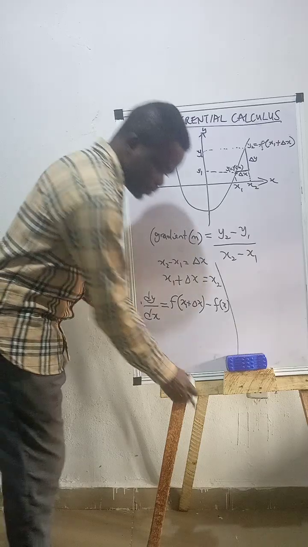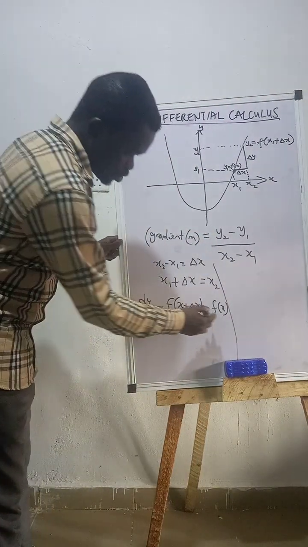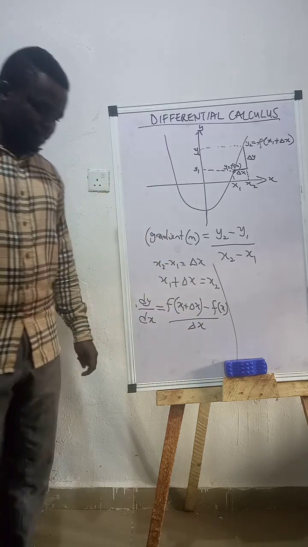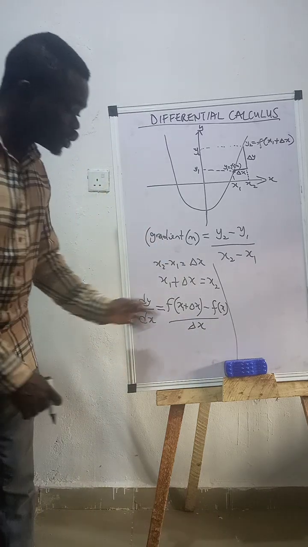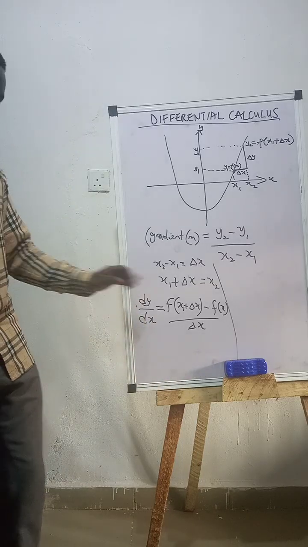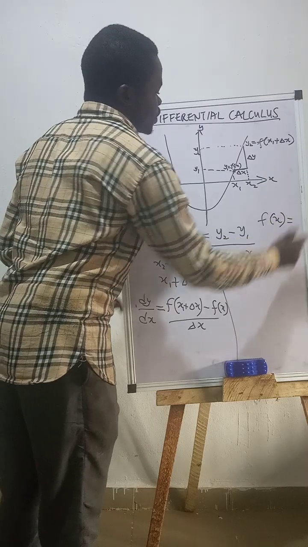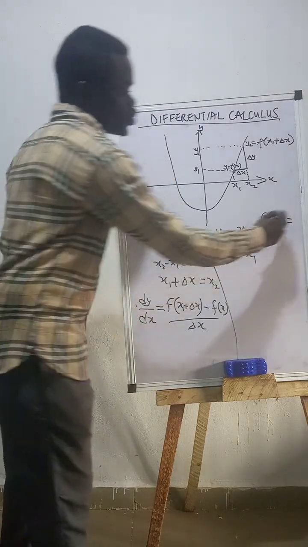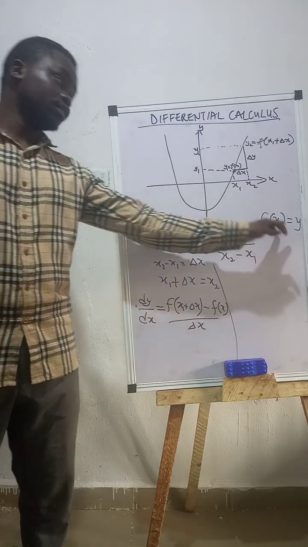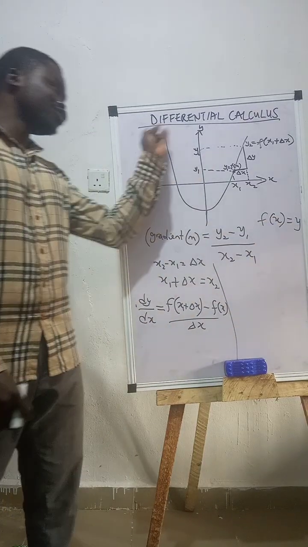Forgive me for that, the board was shaking. So this is the differential formula for any value of f(x), whatever function it is, where f is a function of x, and the function of x is y.